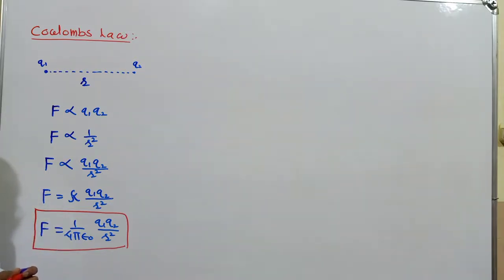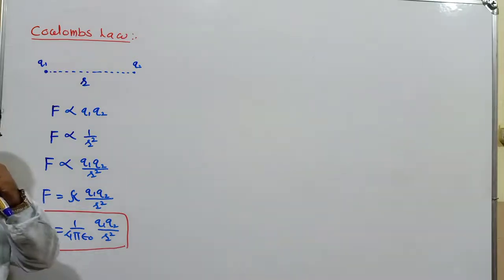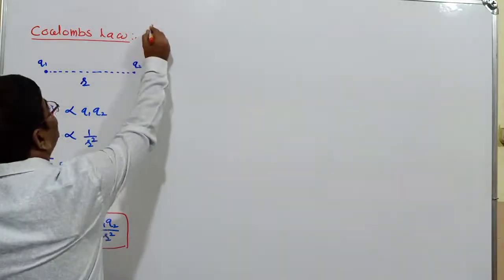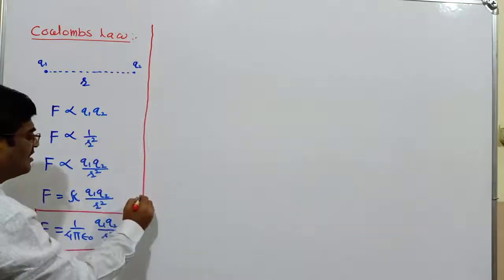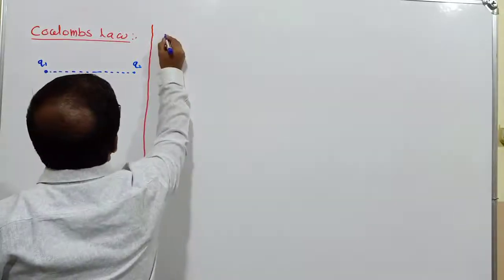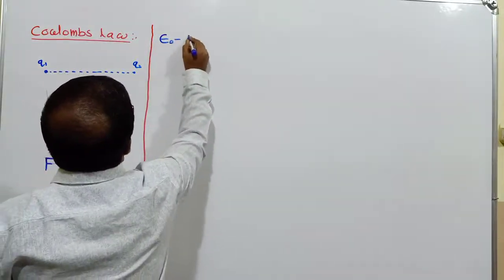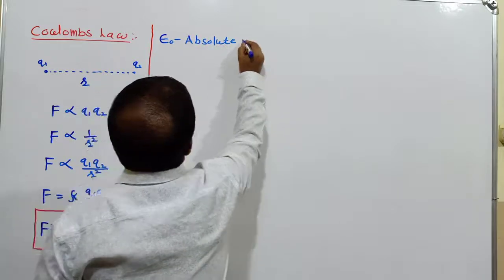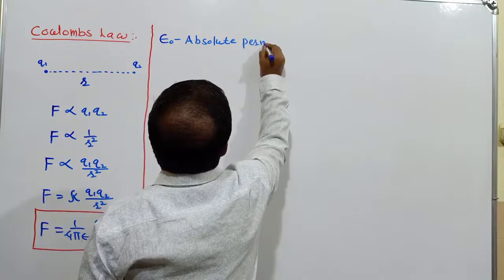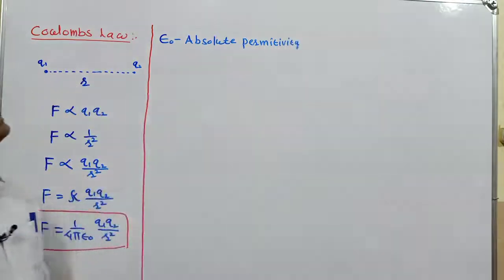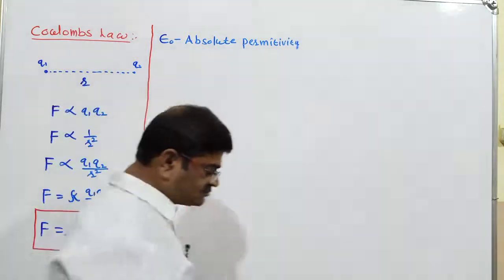Focusing on the one which is new to us, epsilon naught, I had mentioned epsilon naught as absolute permittivity. So what is epsilon naught?